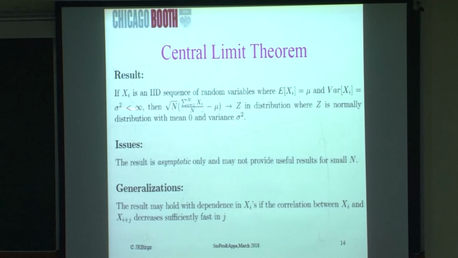Then we also get the result that if I take the sample mean minus the true mean and multiply it by the square root of n, I get a normal distribution with variance sigma squared. Or in other words, the sample mean minus the true mean is a normal with a standard deviation of sigma divided by the square root of n, and mean of 0.